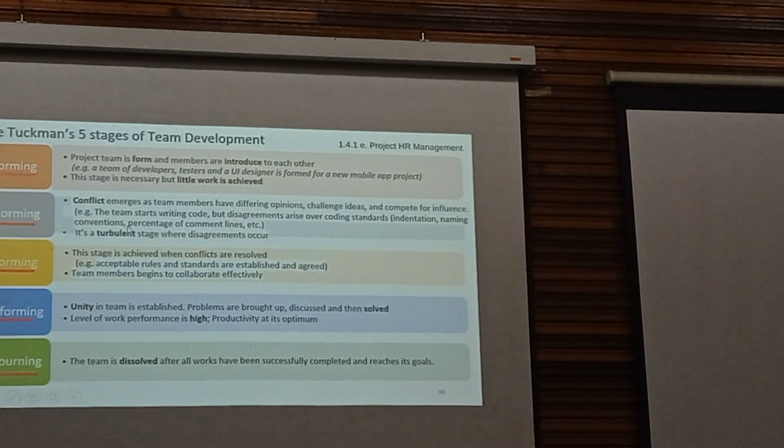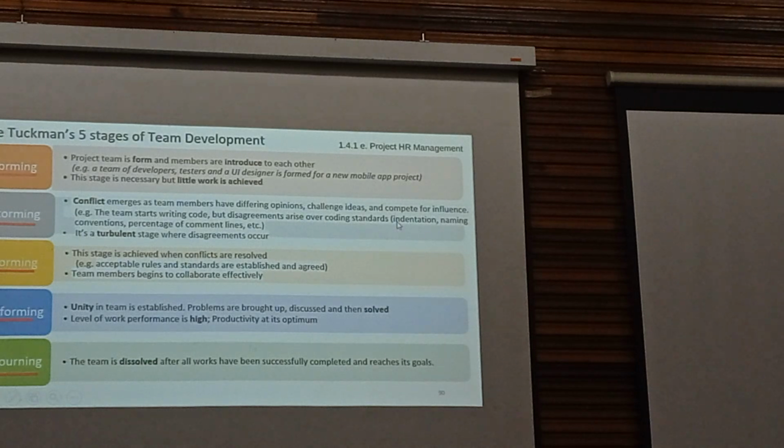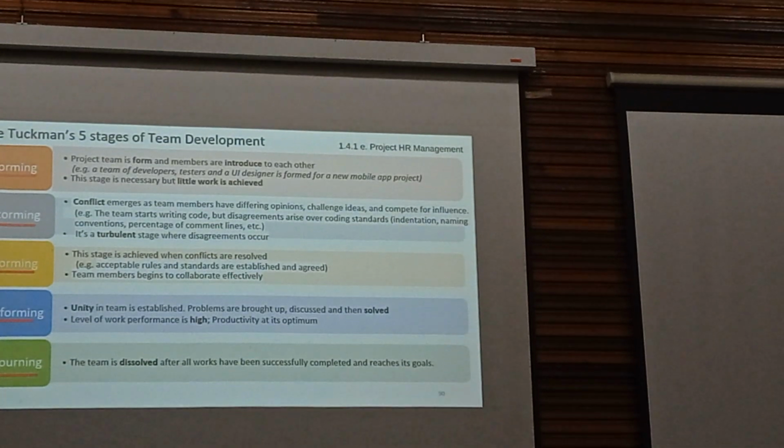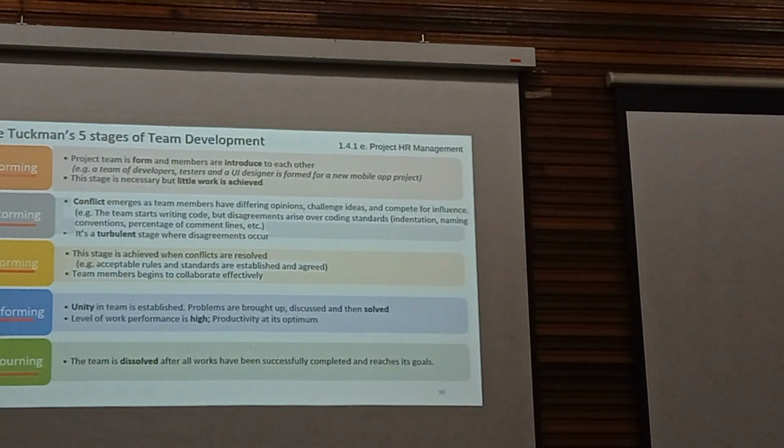An example of conflict can be that the team starts writing code, but disagreement arises over coding standards, like indentation. When you write code, you need to do indentation, correct? Use one space, or two spaces, or three spaces? How many spaces do you use for indentation? 4. So many. Automatic, or do you have to press the space bar? Automatic.